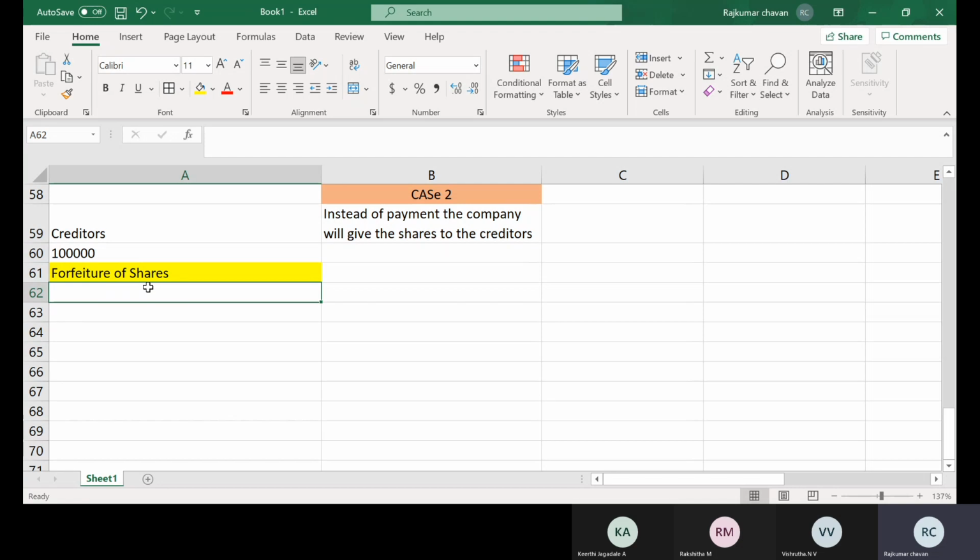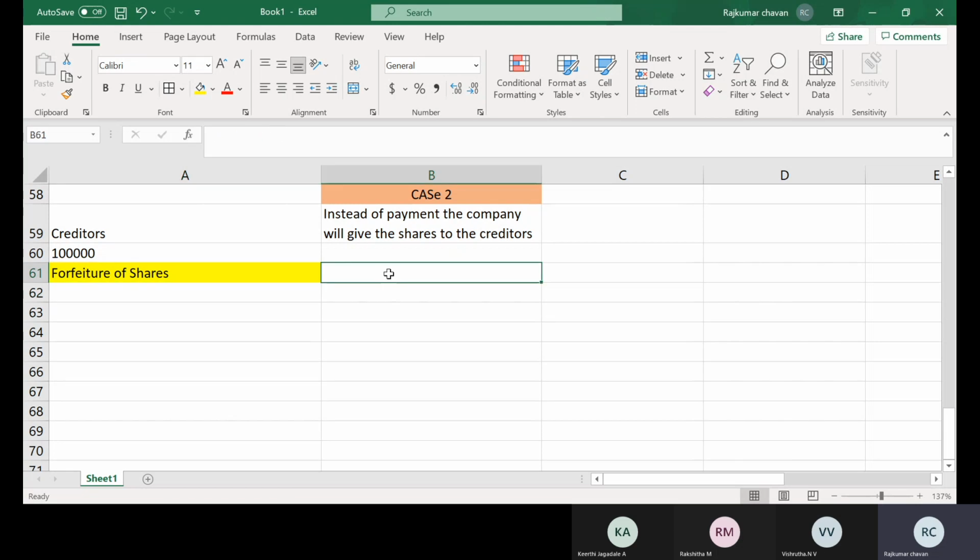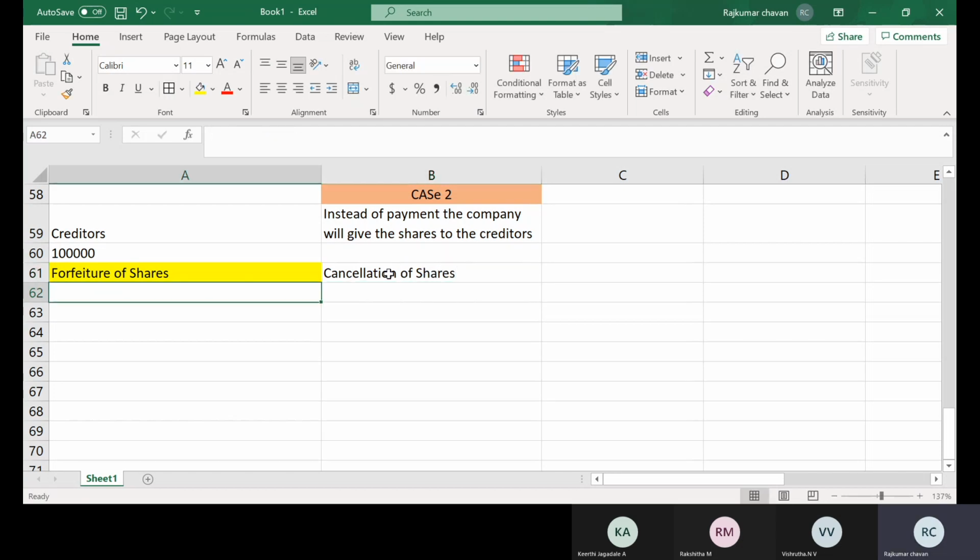But what is the meaning of forfeiture? Sir, if somebody has not completely made the payment for the shares after subscription, they will be cancelled and returned back to the company. Okay, correct. Forfeiture of shares means cancellation of the shares.